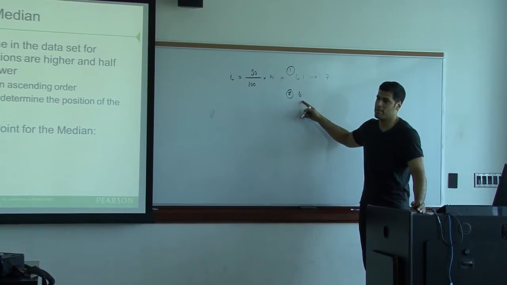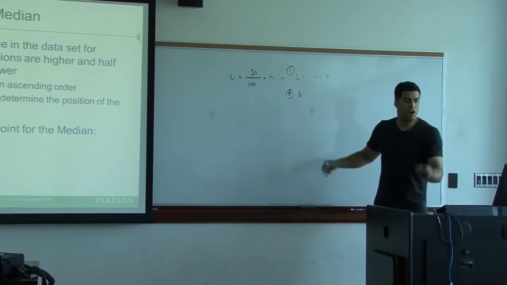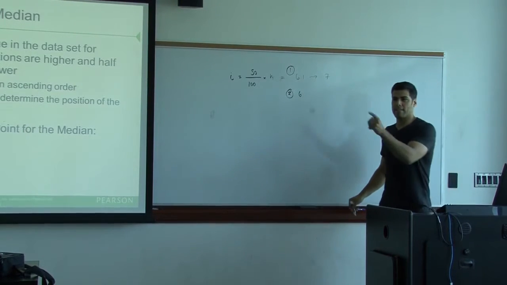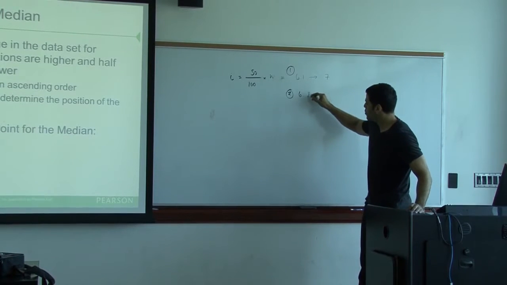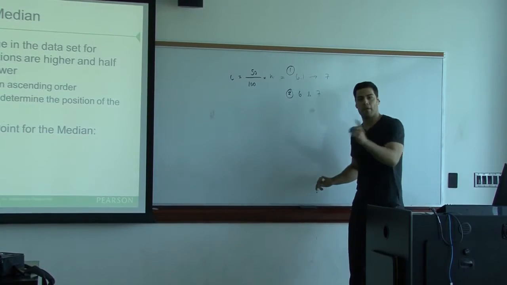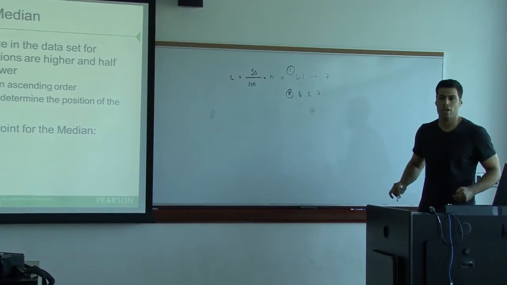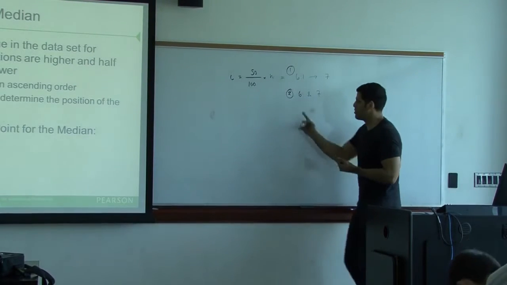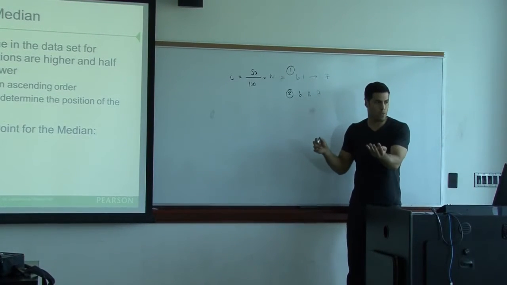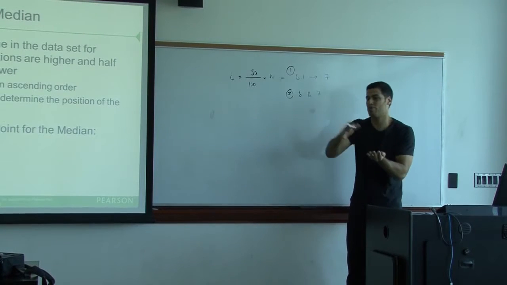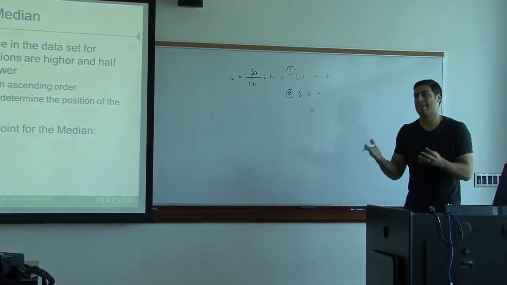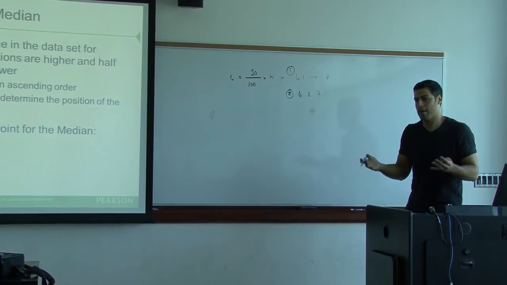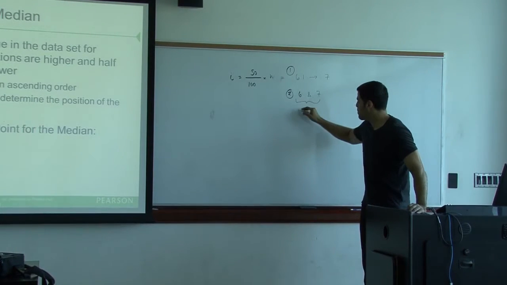If you get a whole number, what you need to do is go and find the 6th value, okay? But then you also need to find the next one up. That's what Alex was saying, okay? If you get a whole number as your index point, you have to go find that value, the 6th one, but then you need to find also the next one in the list, which is the 7th, in this case. And you compute the midpoint of these two.